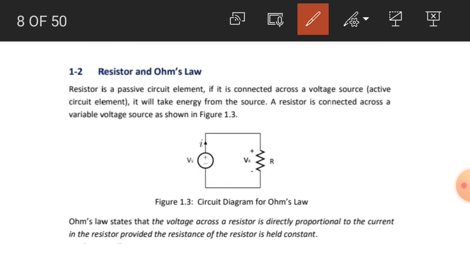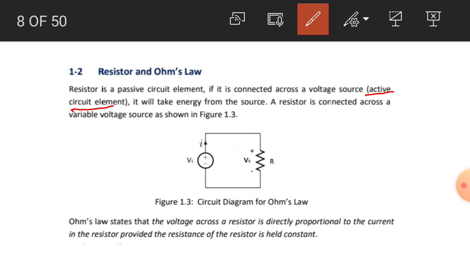And the circuit elements which deliver energy to these passive circuit elements are known as active circuit elements. So voltage source is an active circuit element. Similarly, current source is an active circuit element.